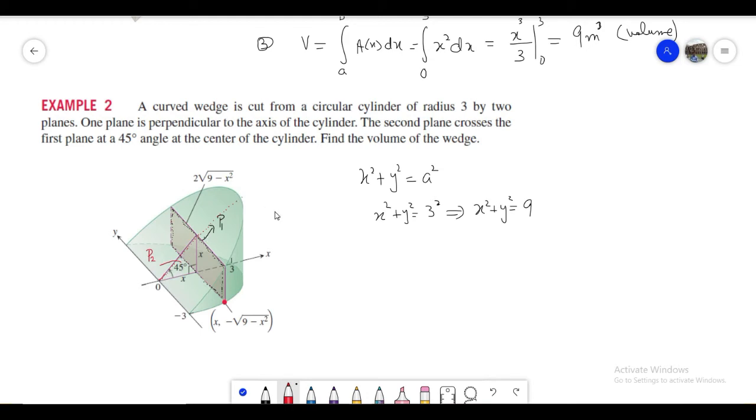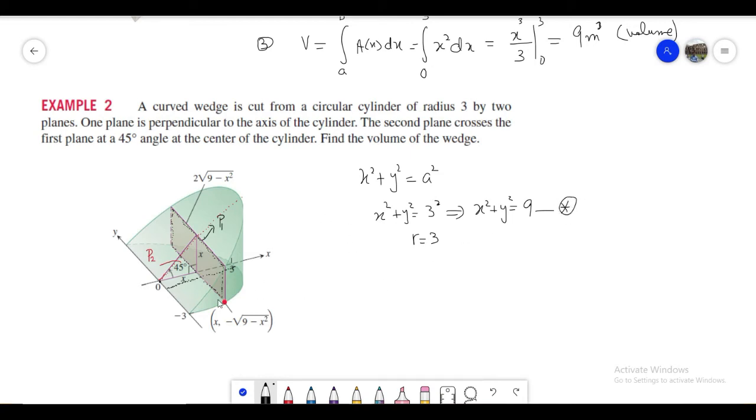Now, we are already given the radius of the cylinder. The cylinder is moving from 0 to 3. So this is the radius of the cylinder, from 0 to 3. So one can say that the radius of the cylinder is r is equal to 3. Now we have the knowledge of the equation of the cylinder, so I will use this equation, star, let's say.